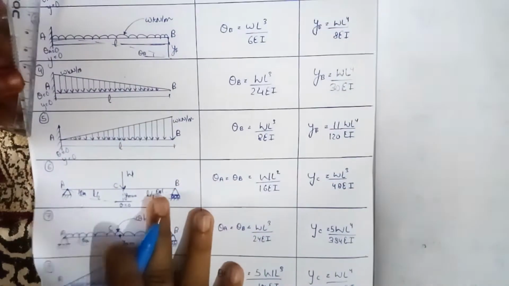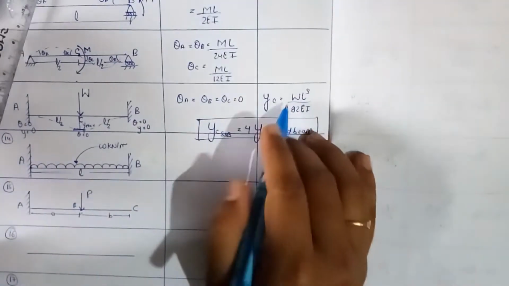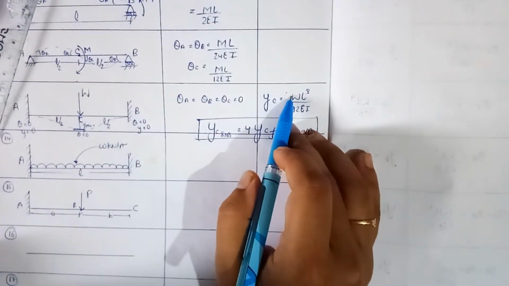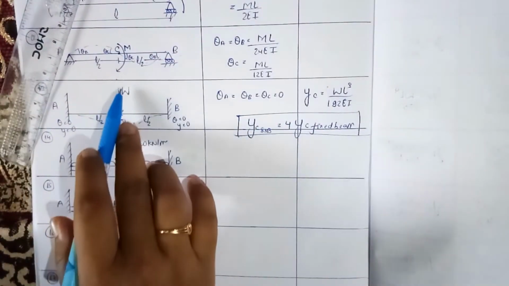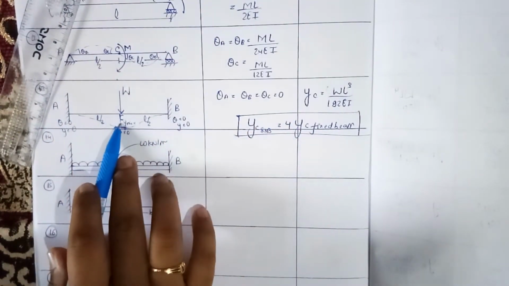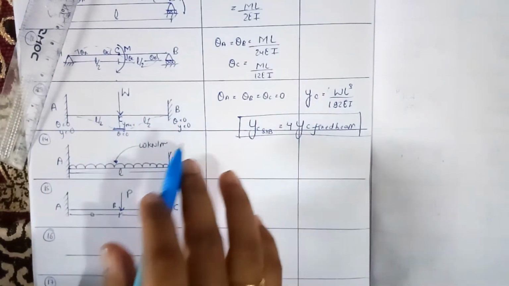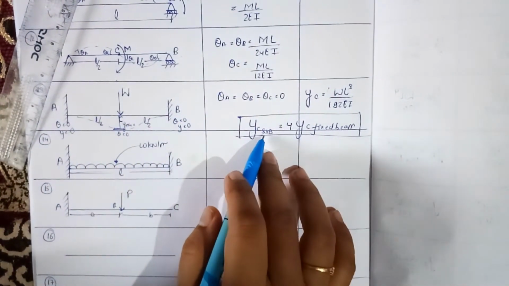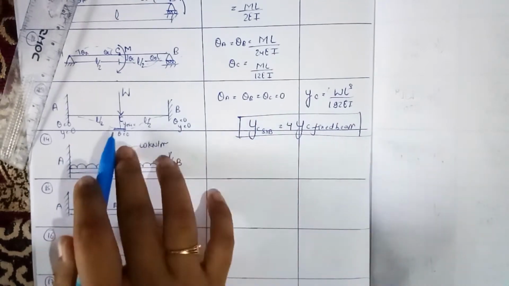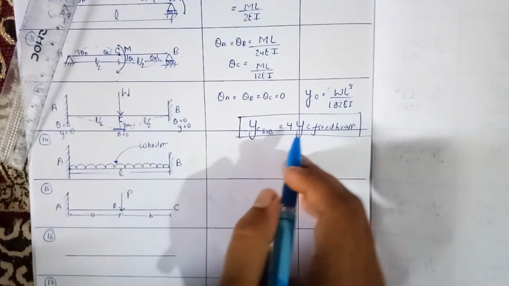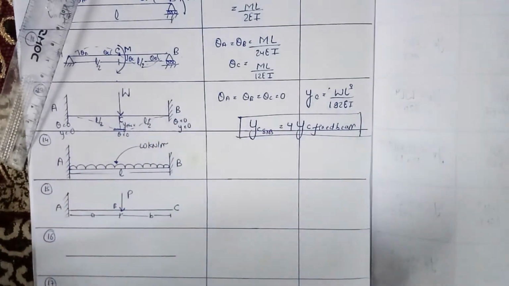So if we multiply the value 4 in this formula... similarly, this case is the same because this loading is a central point load at point C, just the support is different here. So you can establish one relationship: the deflection of the simply supported beam for the same kind of loading will be equal to 4 times the deflection of the fixed beam.